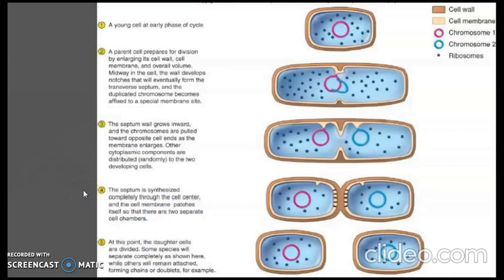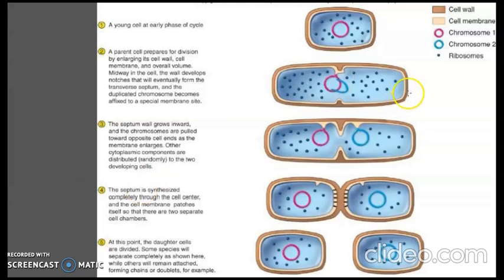Let's see the stages of binary fission once again. A parent cell prepares for division by enlarging its cell wall, cell membrane and overall volume. Midway, the cell wall develops notches like this that will eventually form the transverse septum, and the duplicated chromosome becomes affixed to a special membrane site.